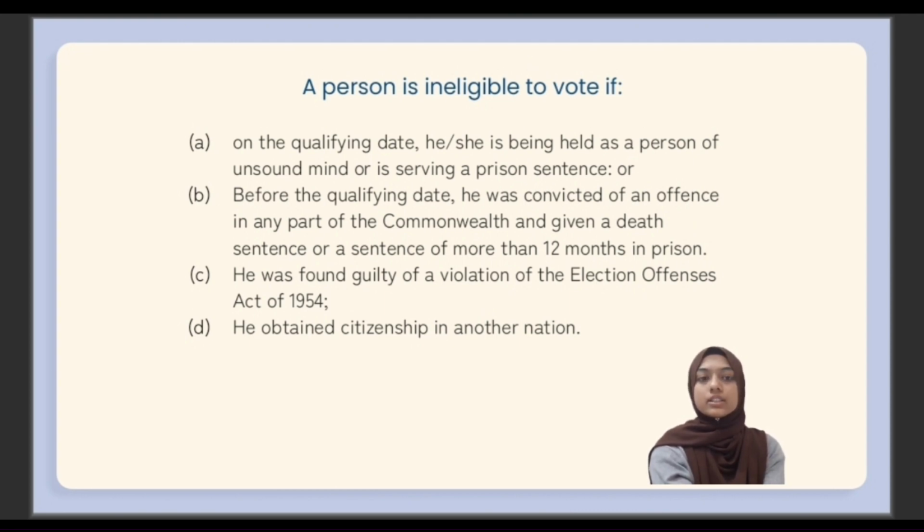In this article, qualifying date refers to the date on which the electoral rolls are prepared or revised. And absent voter refers to any citizen who is registered as an absent voter in relation to any constituency under the provisions of any election law.